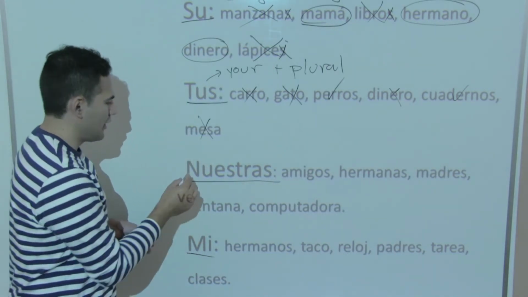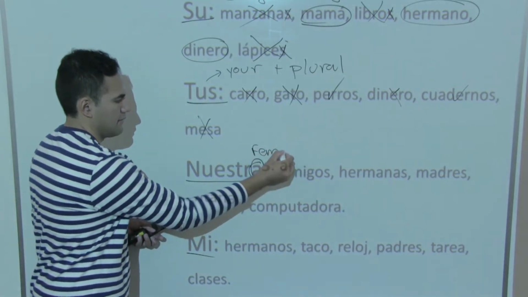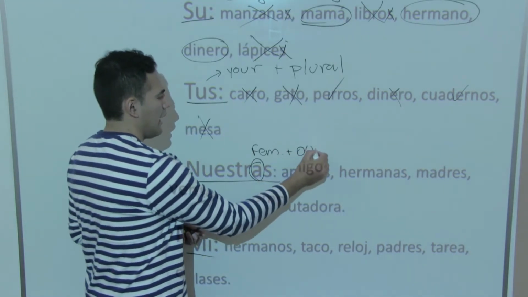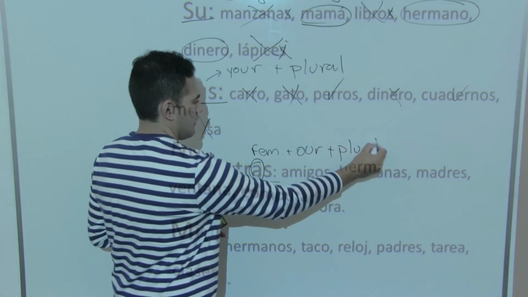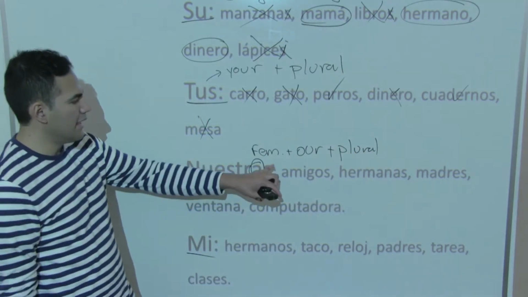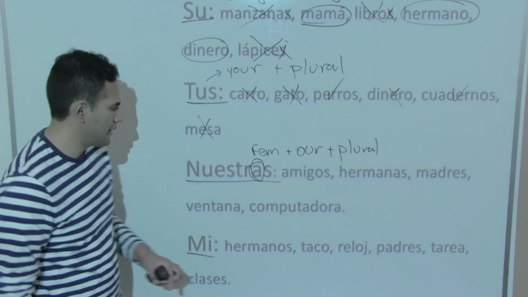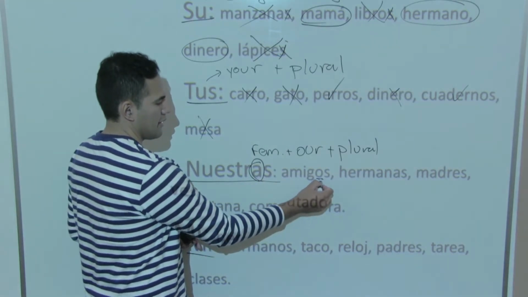Okay. Nuestras. Notice how we have feminine, right? And it means our, and it's plural. So we have to select nouns that are feminine and plural. So nuestras amigos, no, because this is masculine.